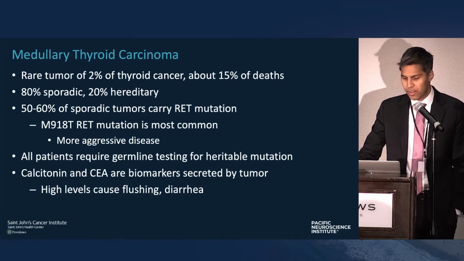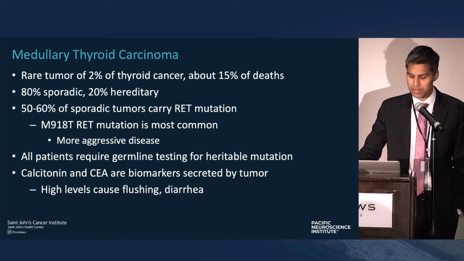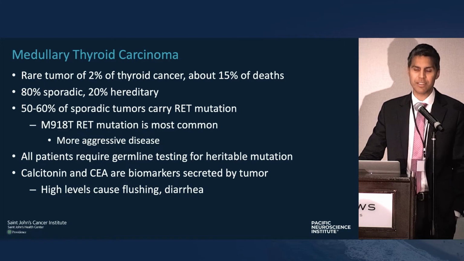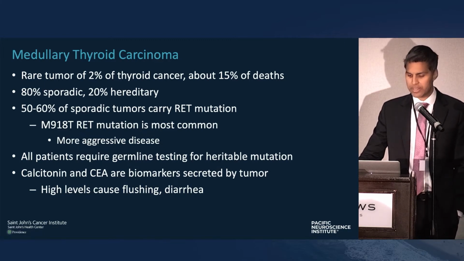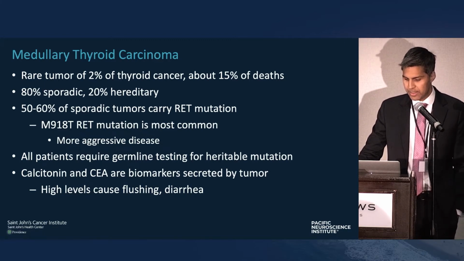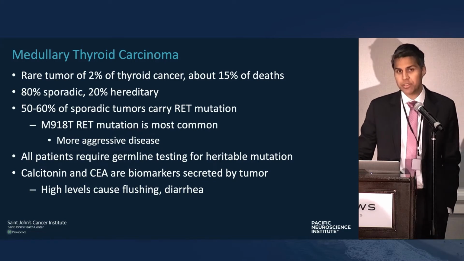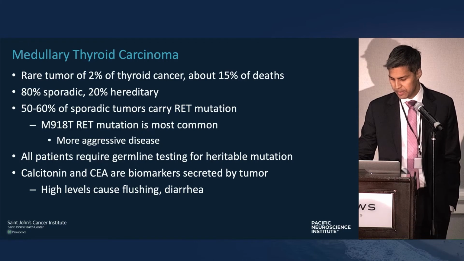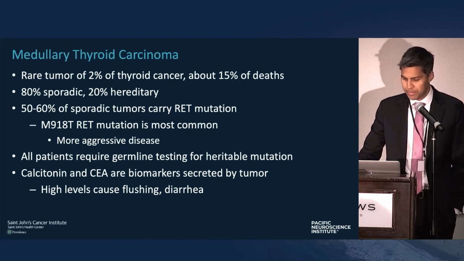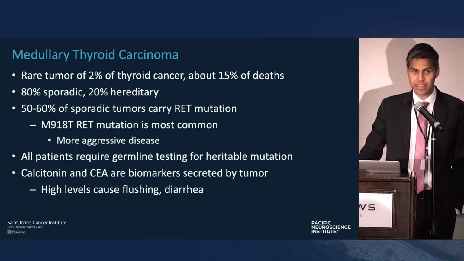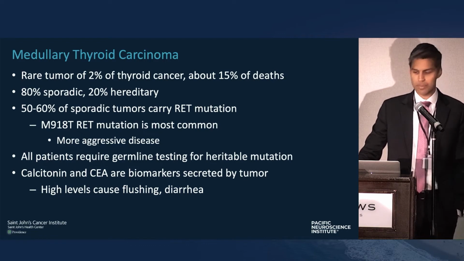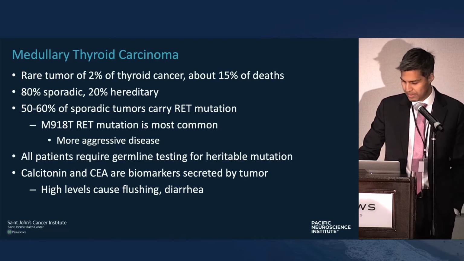All patients with medullary thyroid carcinoma require germline testing to determine: is this a hereditary condition or a somatic sporadic mutation? And all patients receive calcitonin and CEA as part of their staging. If the patient has very high levels of these, they can actually cause systemic symptoms of flushing and diarrhea.